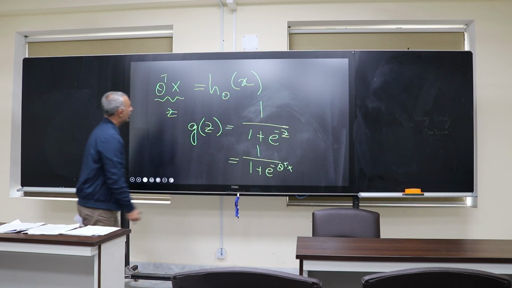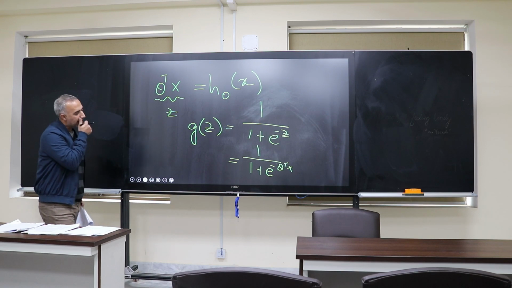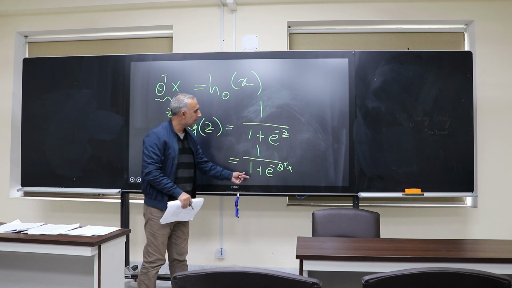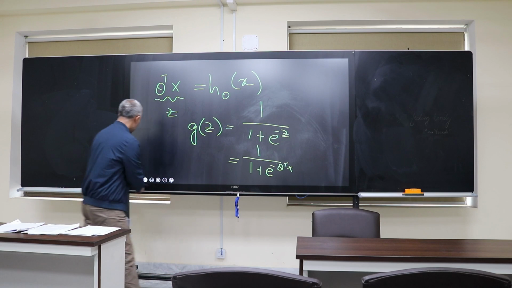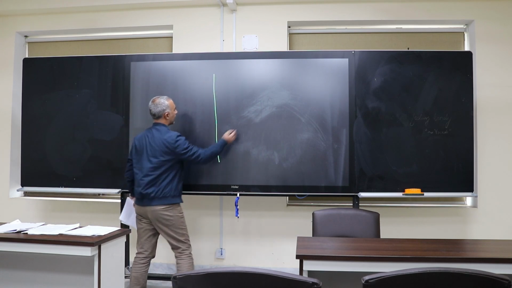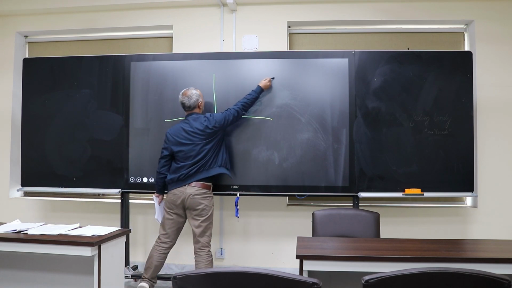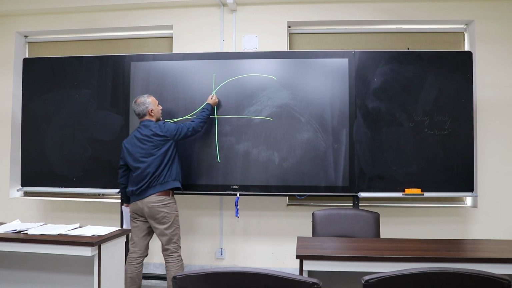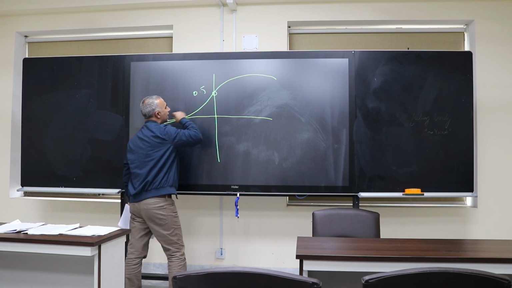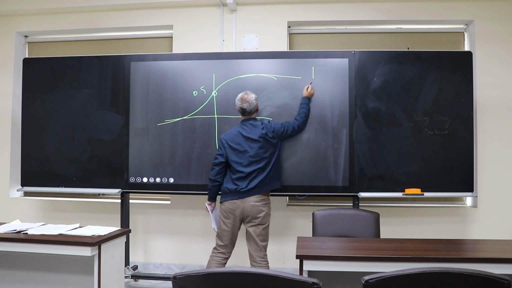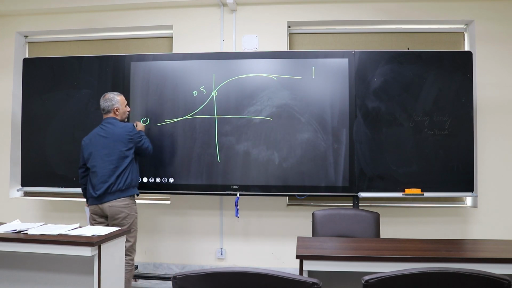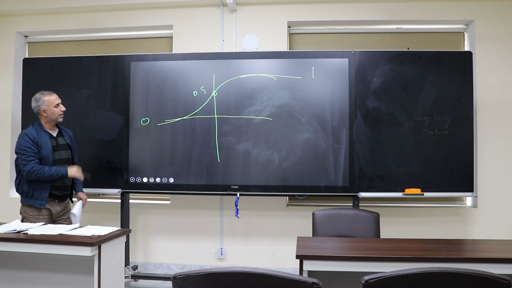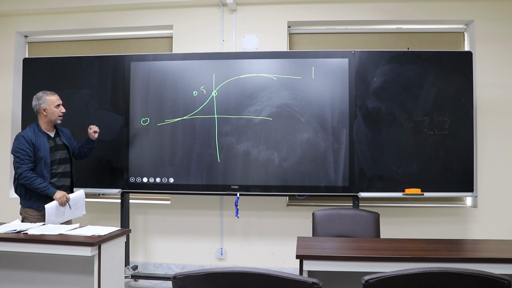So this value will be substituted here and will give us a graph. Somewhere here it is 0.5, and this is 1 and this is 0. So we are getting a curve, the sigmoid function curve.